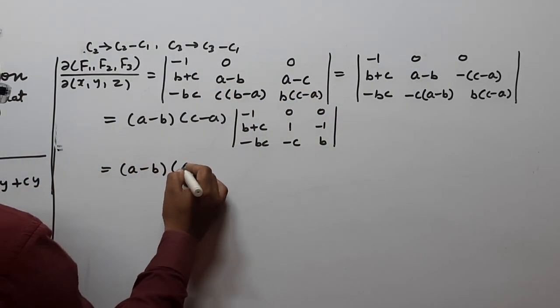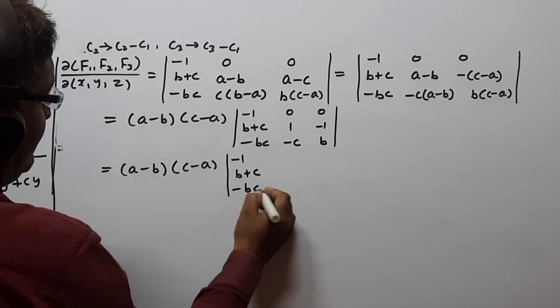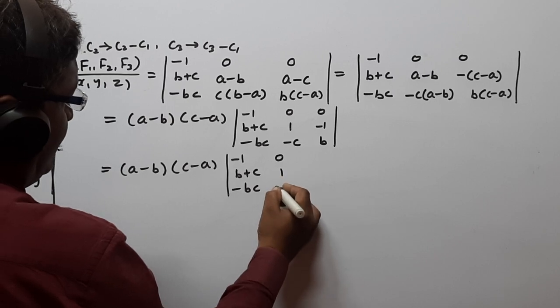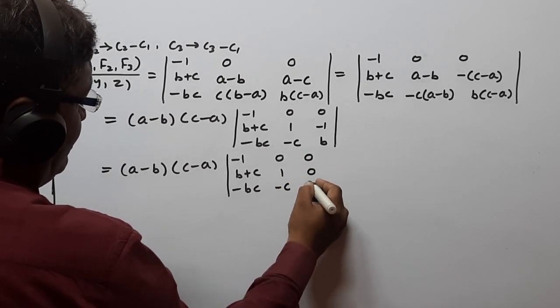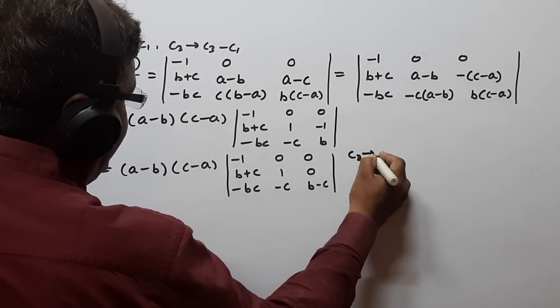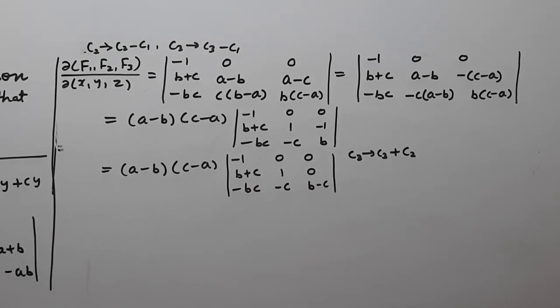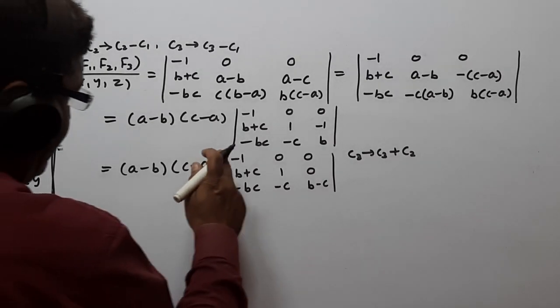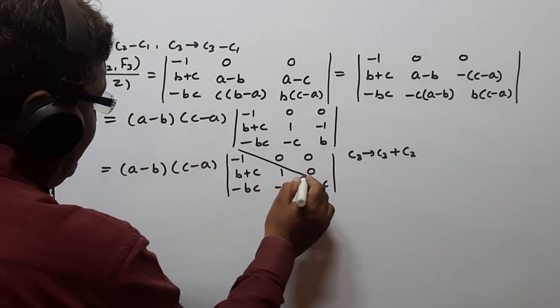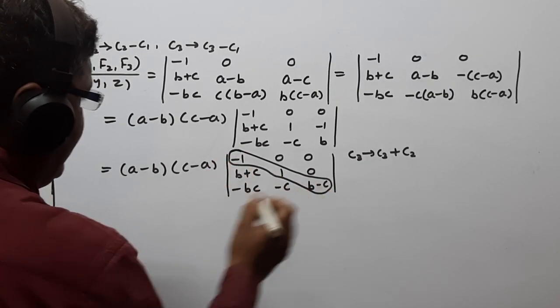So a minus b, c minus a, and minus 1, b plus c, minus bc, 0, 1, minus c, 0, 0, b minus c. Here we apply the operation c3 tending to c3 plus c2. You can see that this is the determinant of a lower triangular matrix. So the value of this determinant is the product of the elements of the leading diagonal.